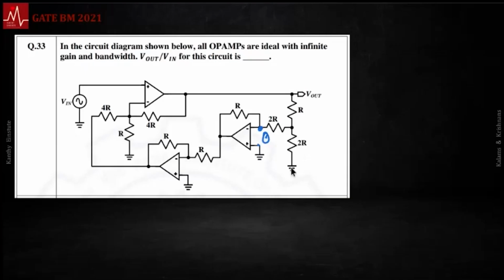This is going to zero. There is R here. There is 2R and 2R in parallel. Effectively, there is a resistance of R. So there is voltage division occurring between R and R. So the voltage here is V out by 2. Voltage gets divided between R and R.